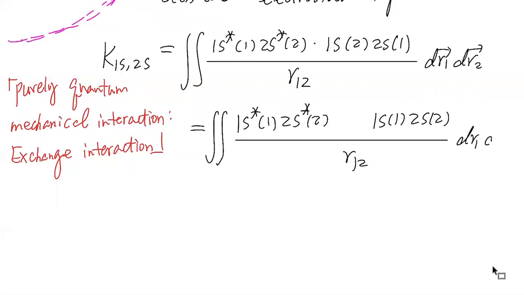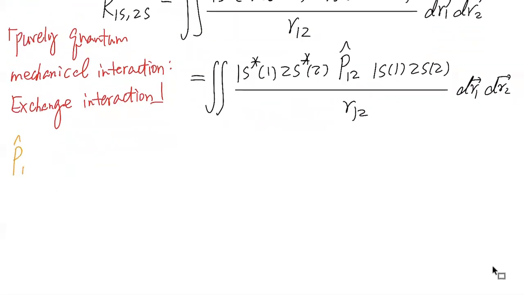But for the Coulomb integral, if you only consider the classical Coulomb integral, what you have in between is simply 1, or you can say the identity operator, right? But here, because you have exchange, what you have is the exchange operator, P12.